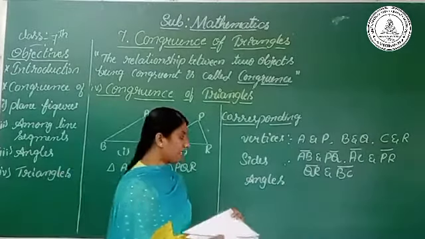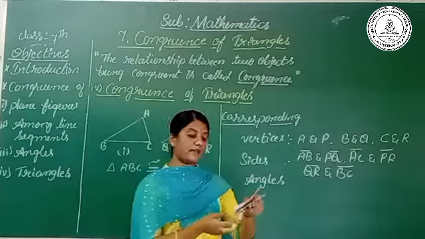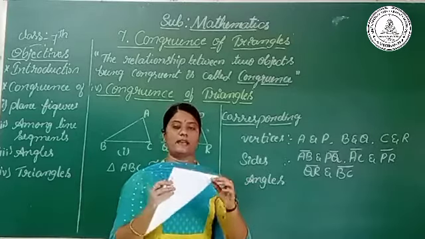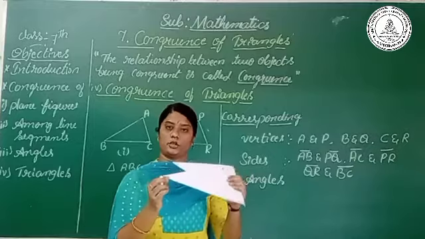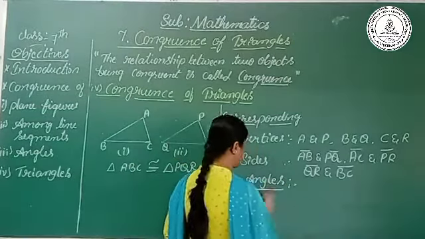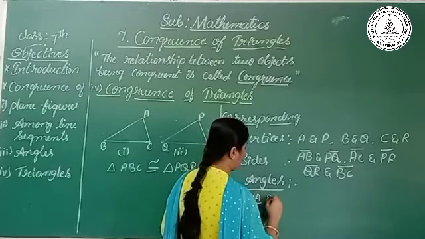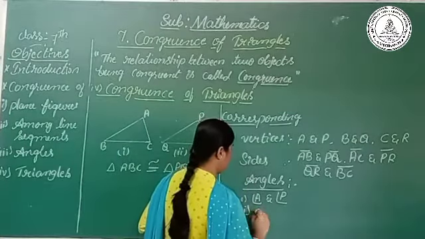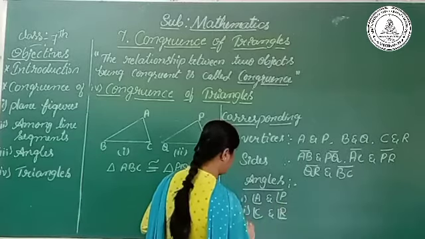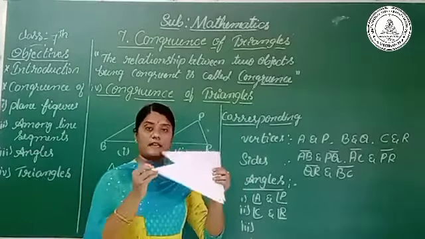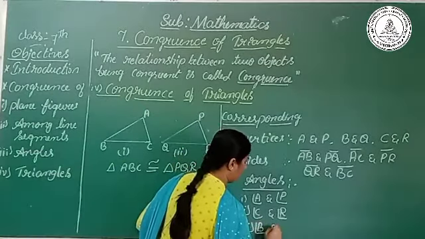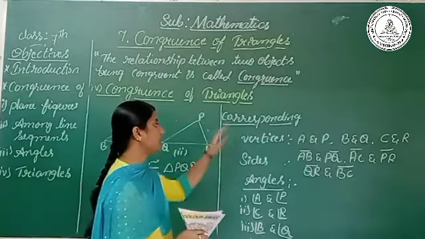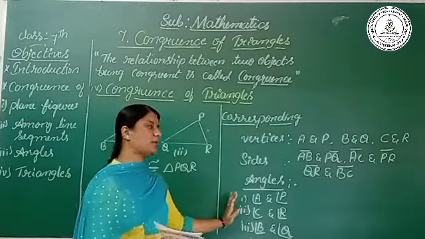Then let's write down the corresponding angles. Angle P corresponds to angle A, angle C corresponds to angle R, and angle B corresponds to angle Q. Write down here, corresponding angles are angle A and angle P, angle C and angle R, and angle B and angle Q. So in the congruence of two triangles, we get corresponding vertices, corresponding sides, and corresponding angles.